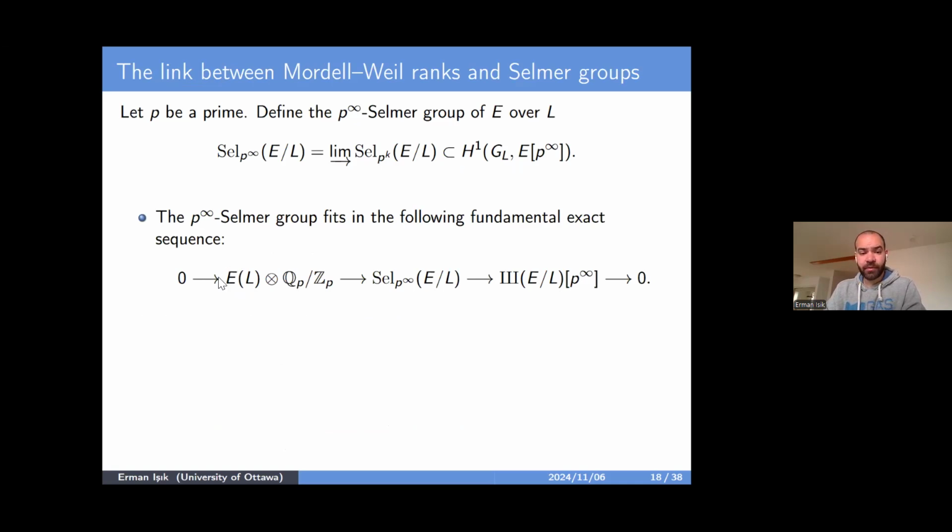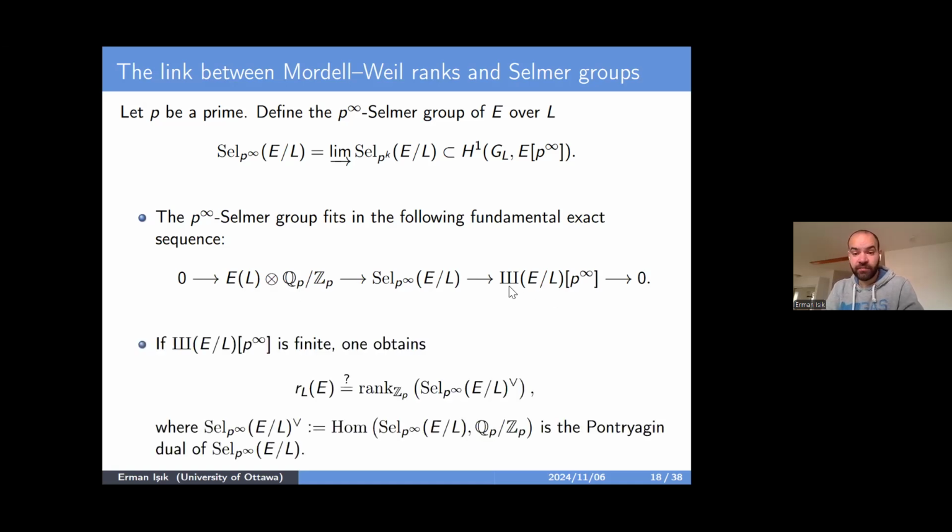This bit is isomorphic to Q_p divided by Z_p to the Mordell-Weil rank of this elliptic curve over it. So this bit carries the information regarding the Mordell-Weil rank, and we are able to embed it into this p-infinity Selmer group. And also the cokernel is the p part of the Tate-Shafarevich group.